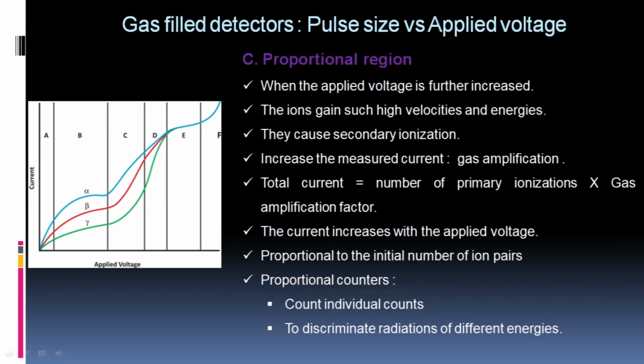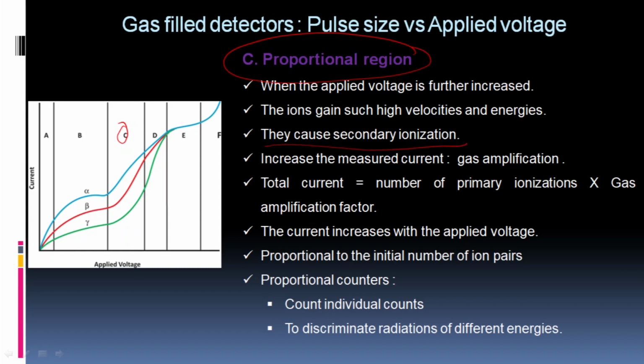Now, the third region is the proportional region. Here, when the applied voltage is further increased, the ions gain such velocity and energies that they cause secondary ionization.